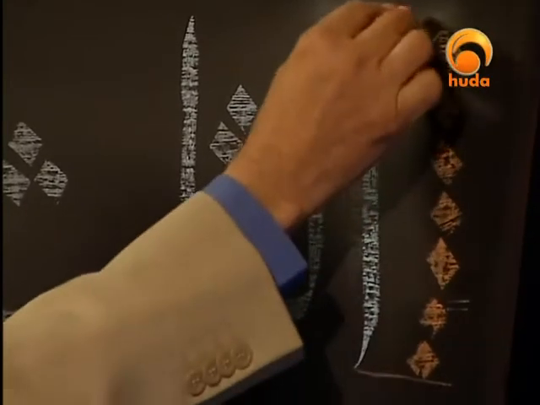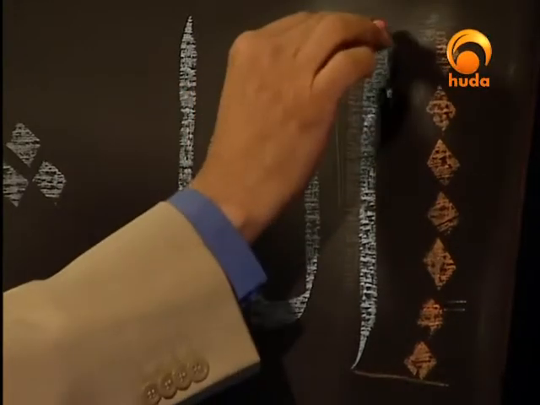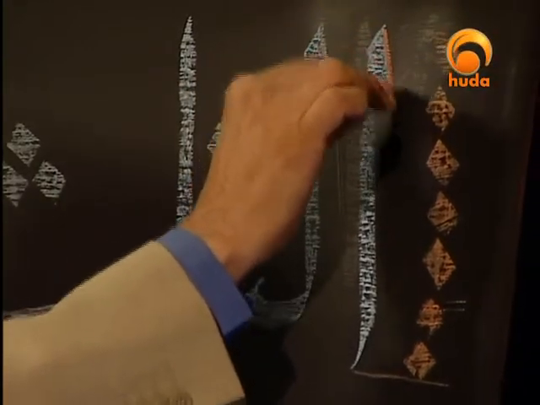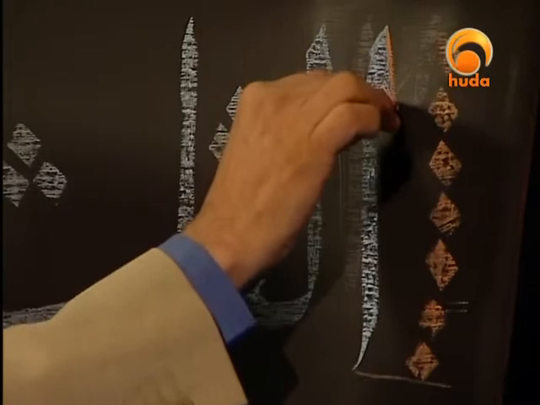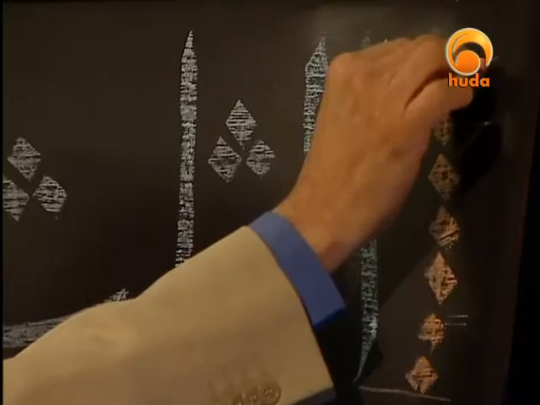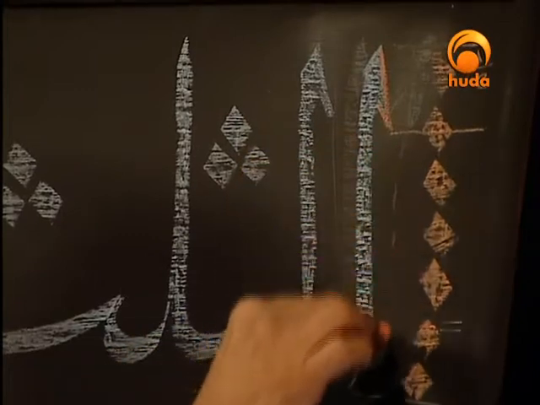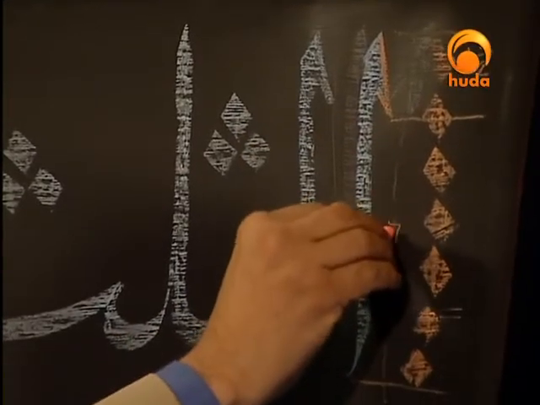The height of alif is 7 dots of the same thickness of my pen, which I'm going to use. This part, especially here, is equal to 1.5 dot. So this is 1.5 dot, and from here to here is 7 dots.